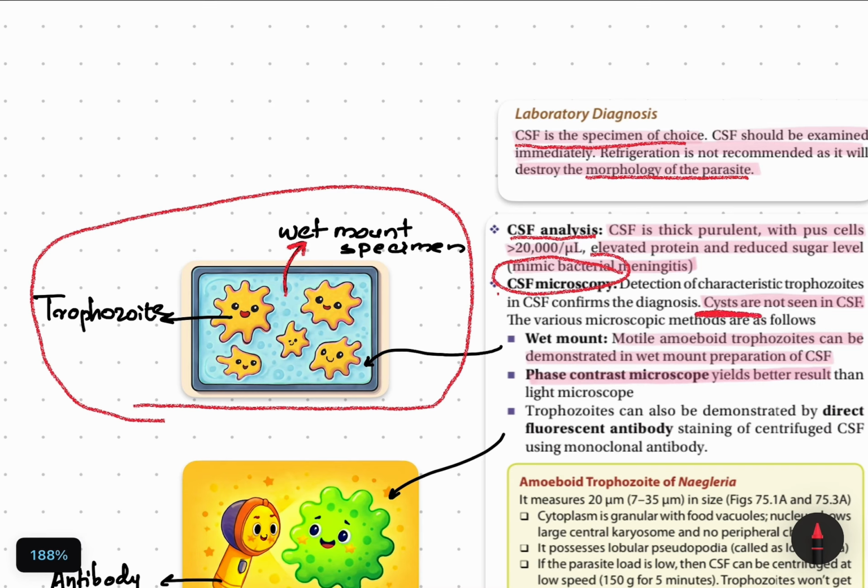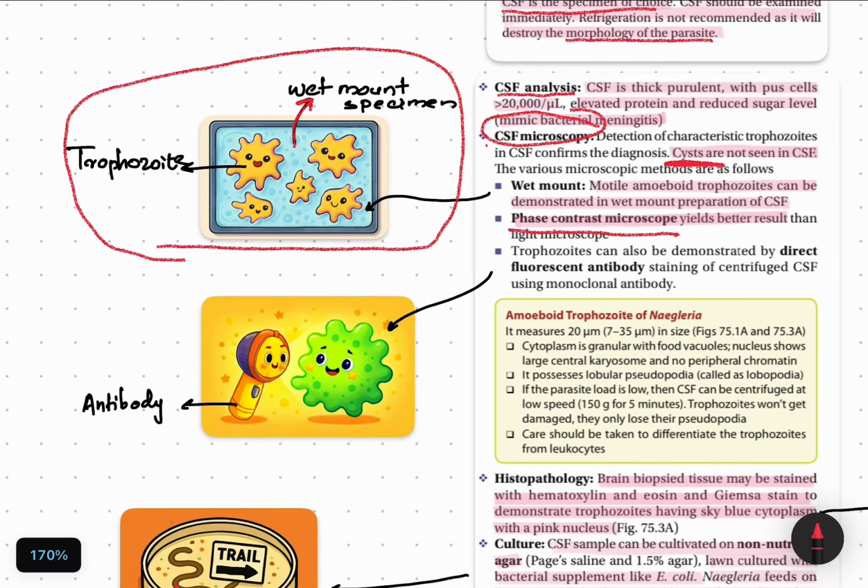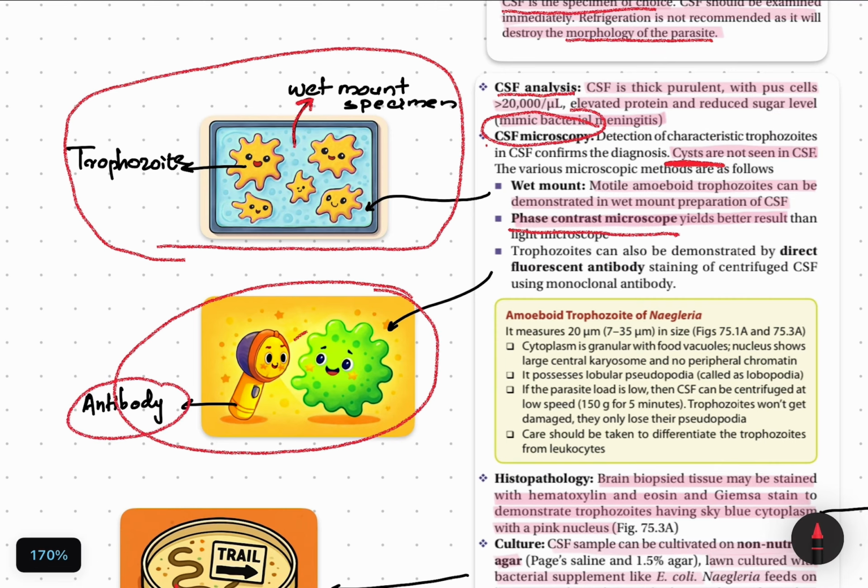When you are using the microscope, it is better to use the phase contrast microscope. Next, I have a picture here where the torch is directly lighting into an amoeba. The torch represents the antibody, and the light represents the fluorescence.